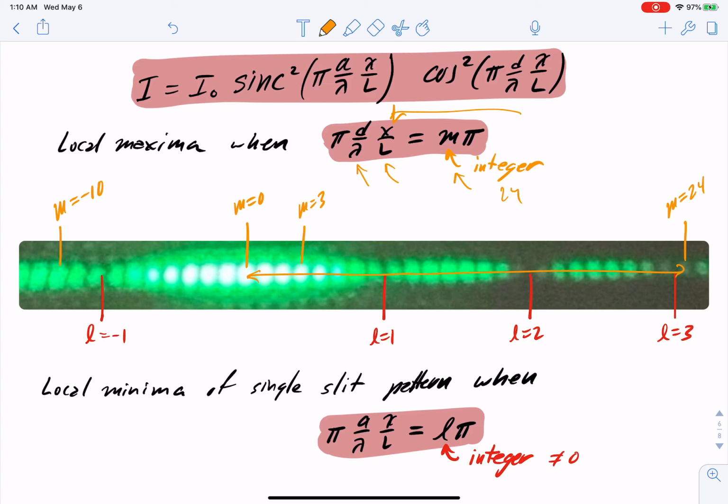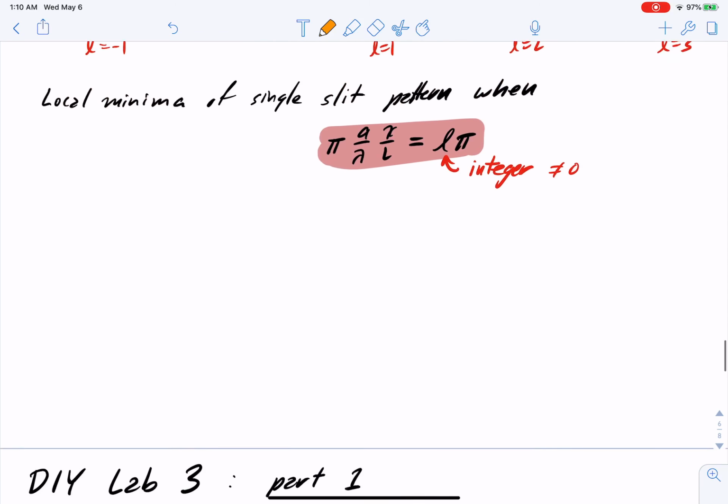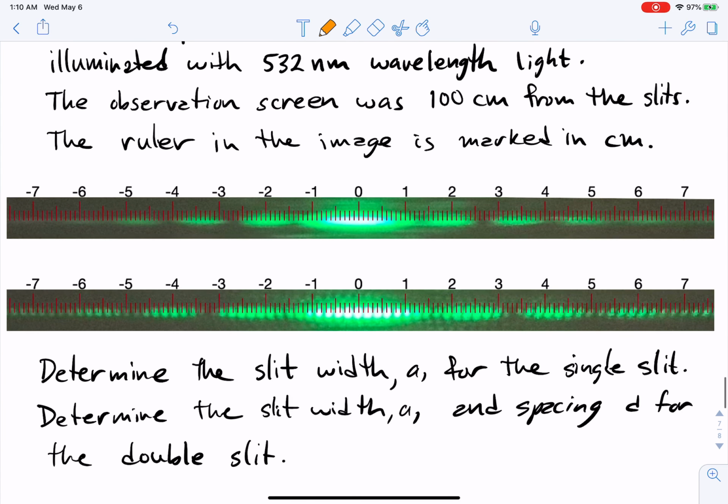I've written this up, and it'll be on the web page to do the lab. So I've taken those same images and overlaid a ruler in centimeters. This photograph was taken with the slits illuminated with a green laser that has a wavelength of about 532 nanometers.